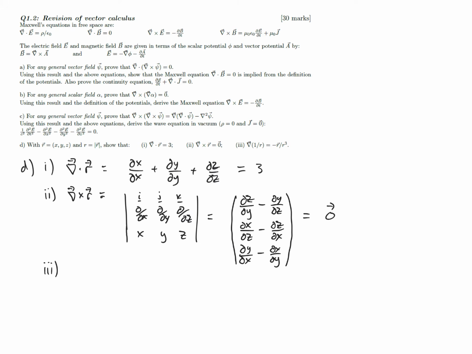And in the third one, we have something a little bit weird and takes a little bit of thought. This is the gradient of 1 over r, and this is going to be something that comes up a lot in electrodynamics and electromagnetism, because the potential for a point charge goes as 1 over r. And when we want to work out the electric field, as we can see from the expressions in this question, we have to take the gradient of the potential.